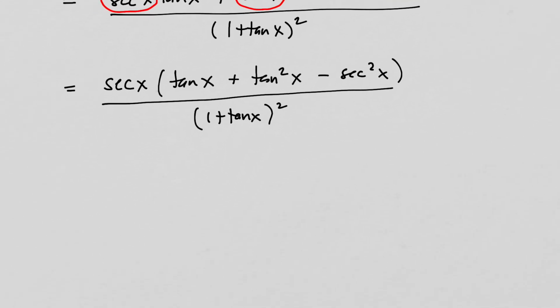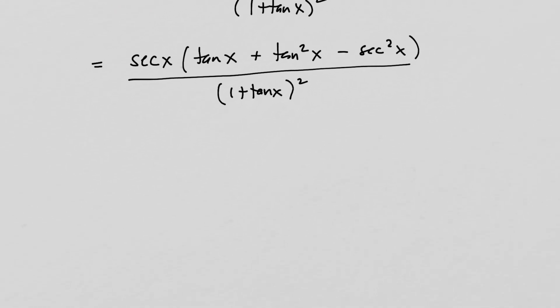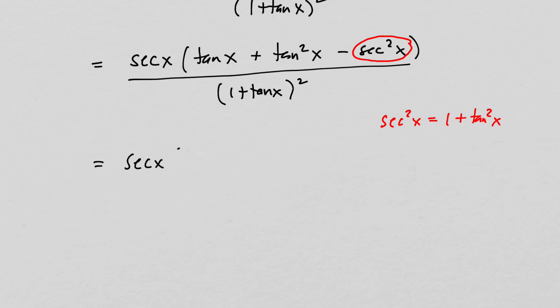Now what I'm going to do is apply a Pythagorean identity. So we're going to need to remember that secant squared of x is equal to 1 plus tangent squared of x. If I do that in the numerator, I end up getting secant of x times tangent of x plus tangent squared of x minus secant squared, which is 1 plus tangent squared.